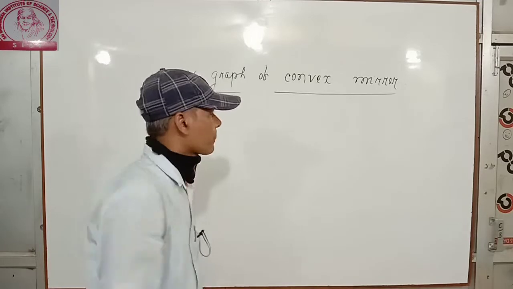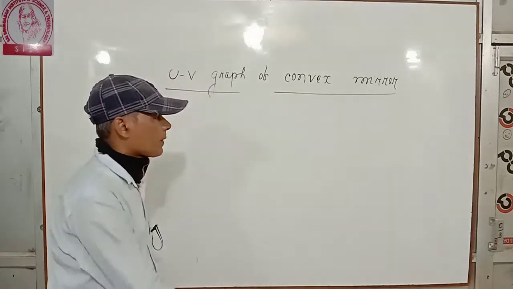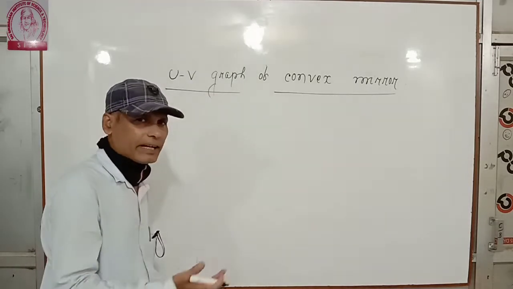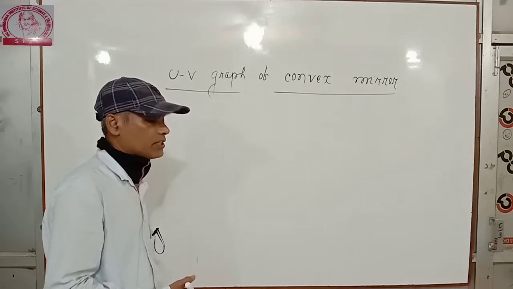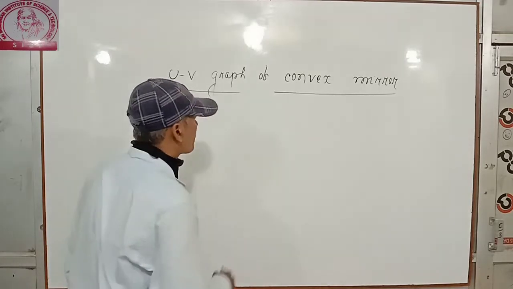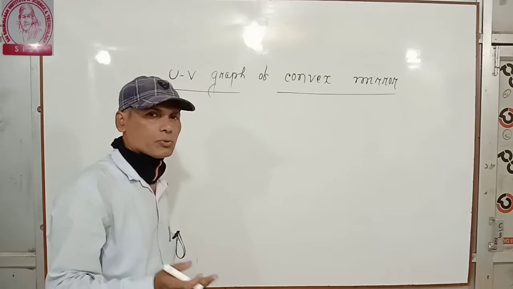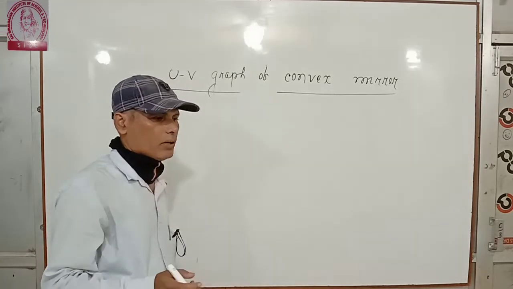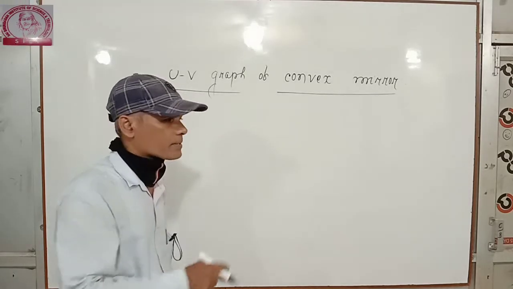In last class, I have already drawn the ray diagram of different images formed due to different object positions. So you just go through the notes, or else you go to the last class.